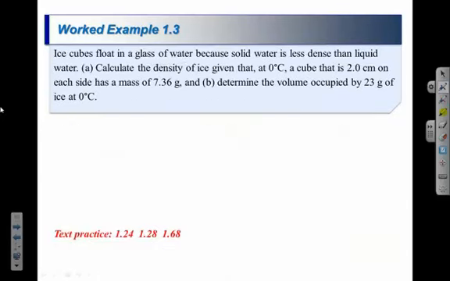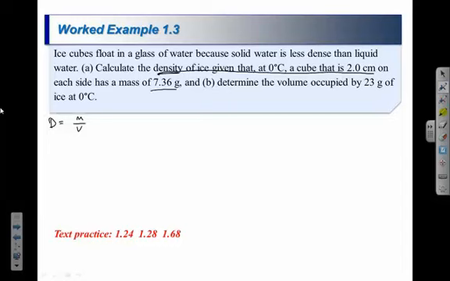Okay, here's another one. Here's some density calculations. So here I've got some ice, and the density of ice is not given to me. I want to calculate that. So if I want to calculate density, what units do I need? For density, I need some unit of mass over some unit of volume.